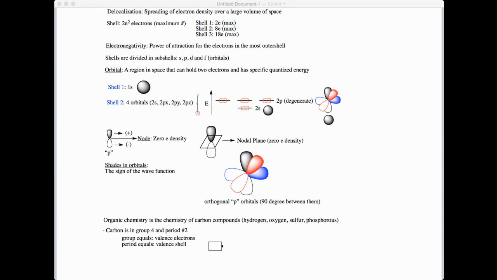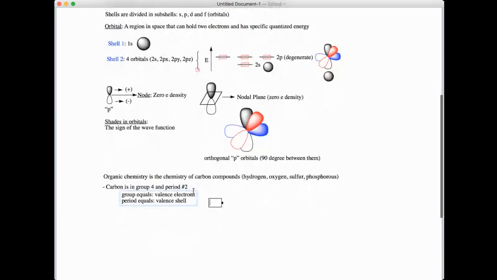Now, you will see why I'm going over this. Group equals valence electrons, period equals valence shells. So for carbon, which is a very important element for us, 4 valence electrons in shell 2.